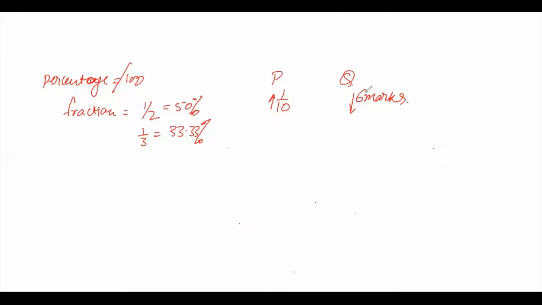We have already discussed this in the classes. I'm sure all of you can answer this question. P scored 10% more marks than Q, while Q scored 6 marks less than P. So can you find out what are the scores of P and Q respectively?